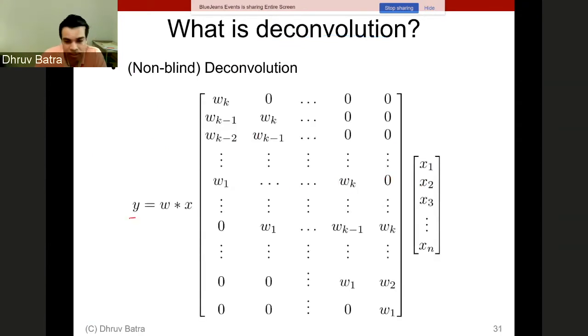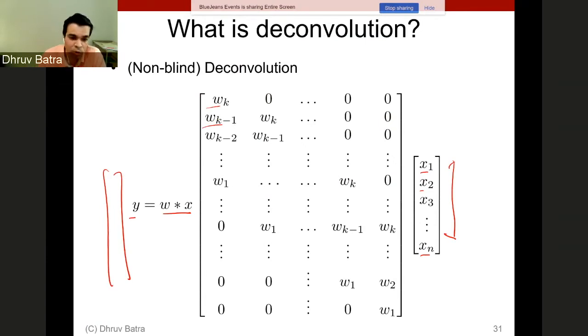Let's consider the 1D case again. If the convolution can be expressed as a matrix, clearly x1 to xn are the unknowns, and each value of y gives me a particular linear equation. I know the w's as well.